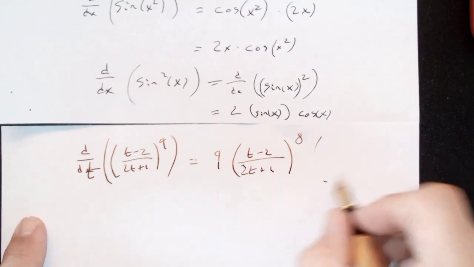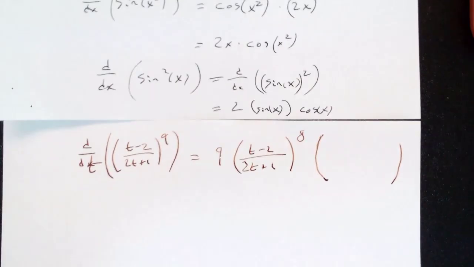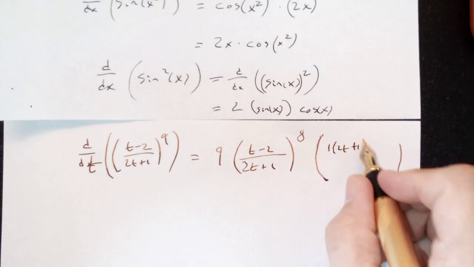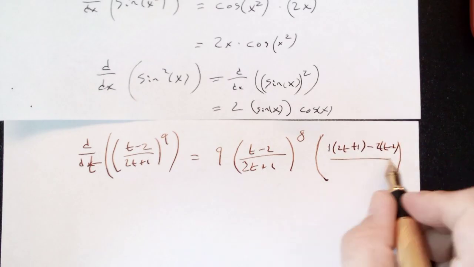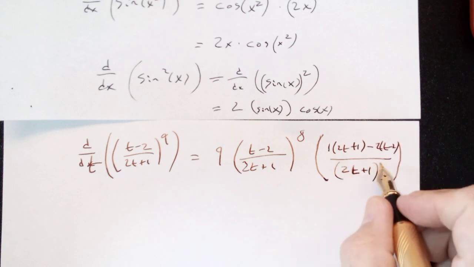But wait, there's more. What goes inside that set of parentheses? My quotient rule goes inside those parentheses. All right. Derivative of the top times the bottom minus derivative of the bottom times the top over the bottom squared.